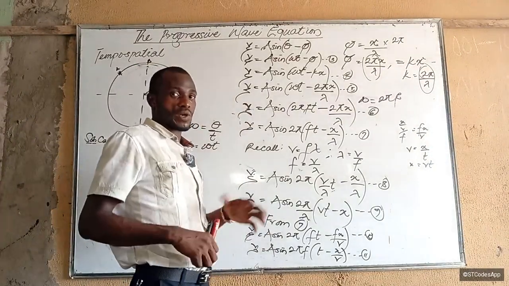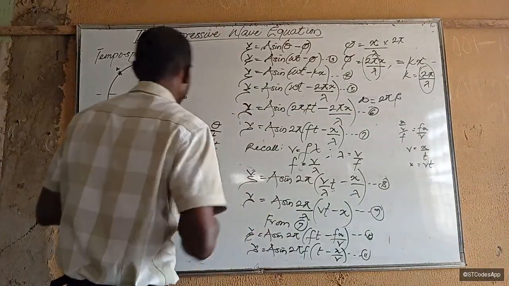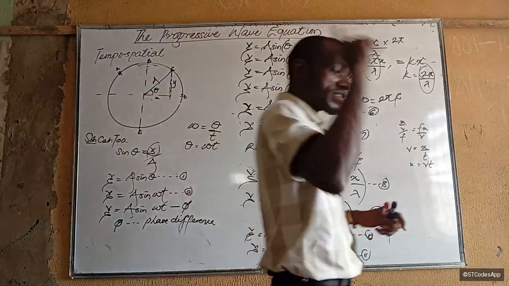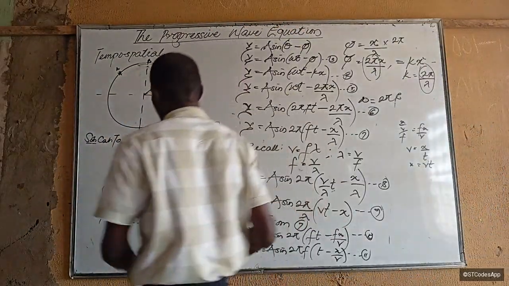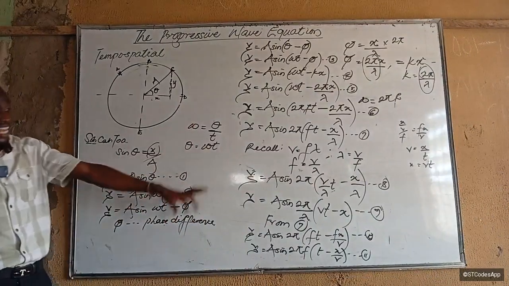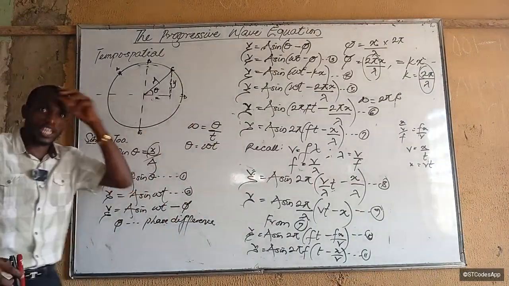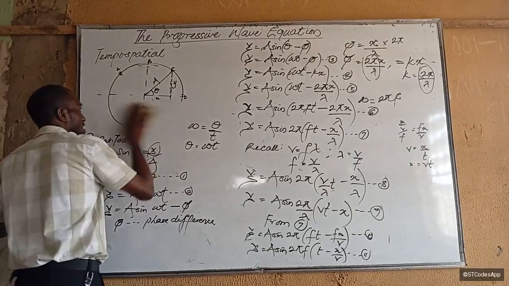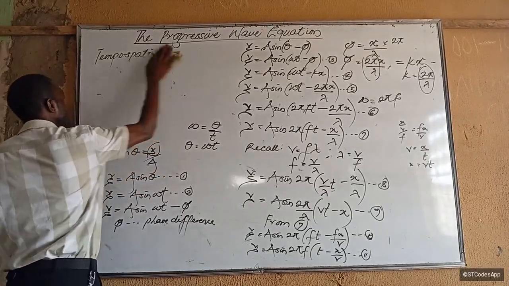the progressive wave equation. Now, let me explain something that you might see differently in your textbook. There is something that appears a little different from this in some of your textbooks. You might see that, and it's correct, okay?